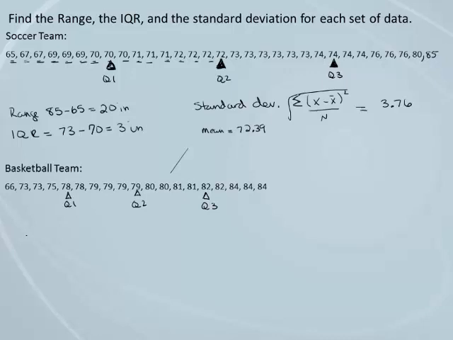My range is 84 minus 66, which is 18. My interquartile range is 82 minus 78, which is 4. That's inches.